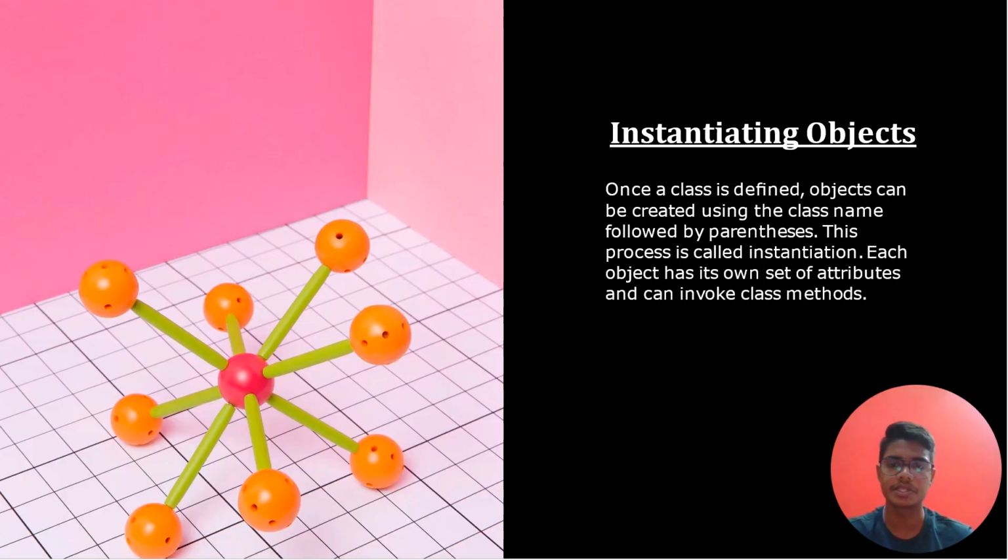Coming to instantiating objects. Once a class is defined, an object can be created using the class name followed by parentheses. This process is called instantiation. Each object has its own set of attributes and can invoke class methods.